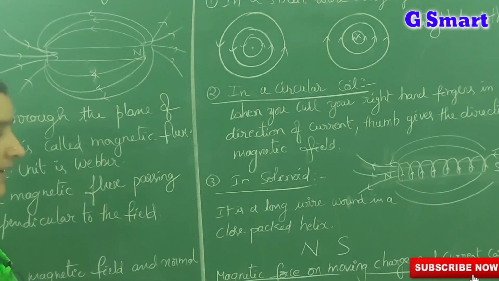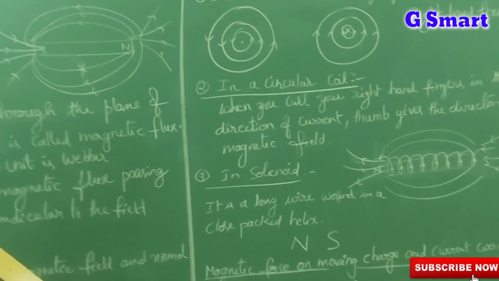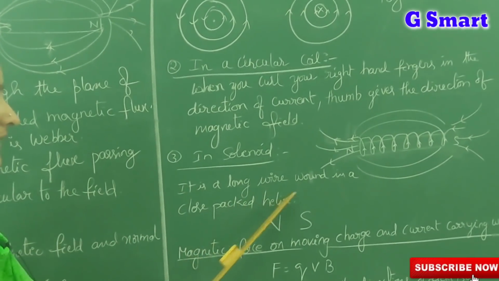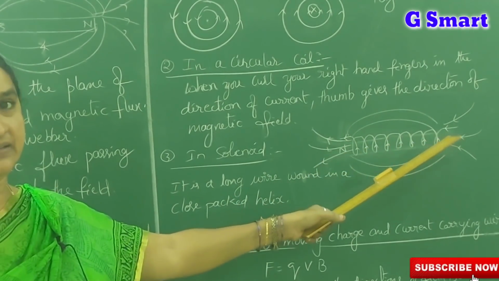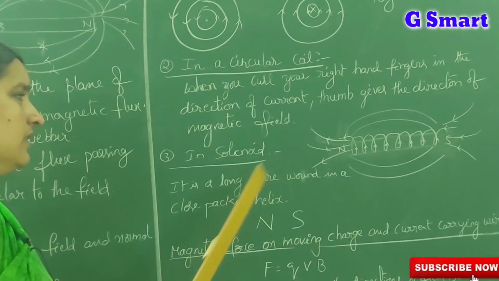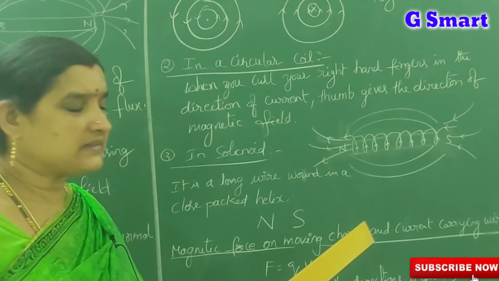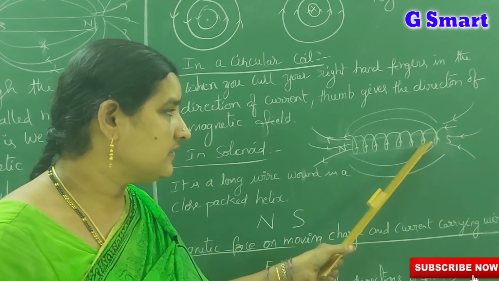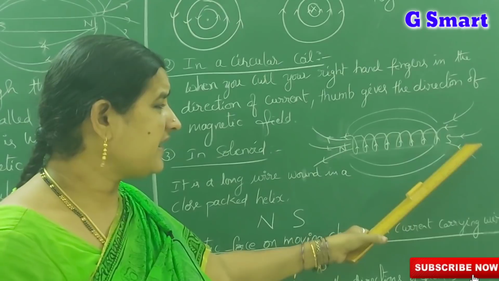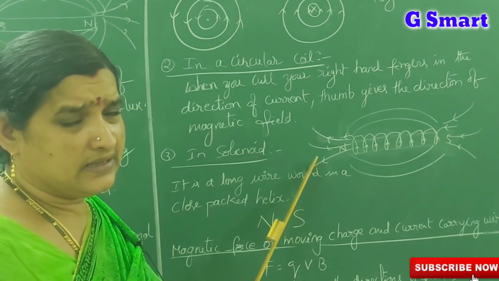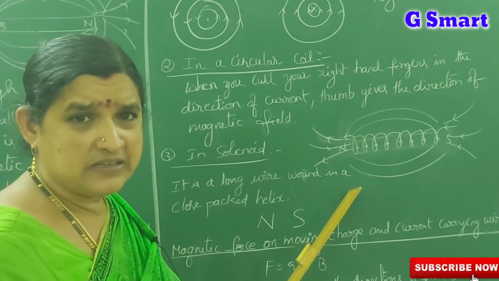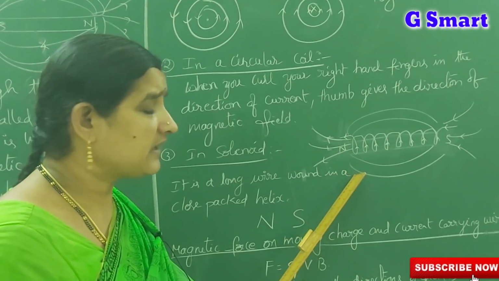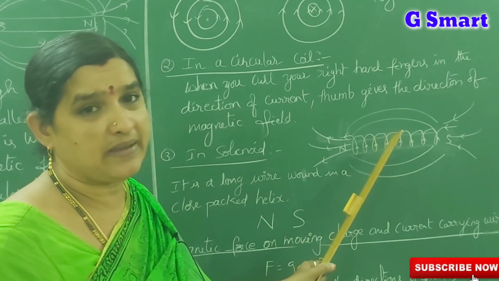A solenoid is a long wire wound as a close-packed helix, like a spiral. When current passes through the solenoid, in this direction of current, a magnetic field will be generated. This magnetic field acts like a bar magnet.